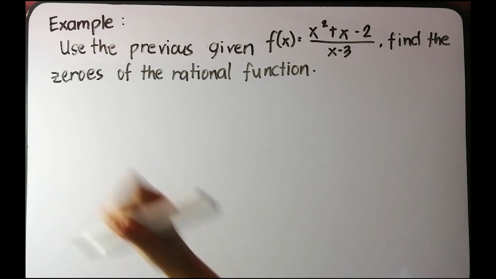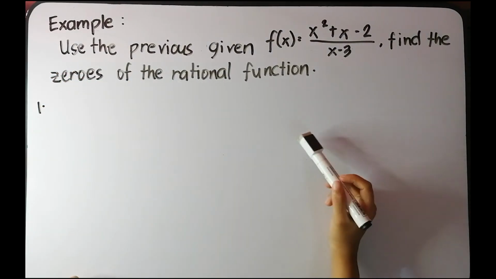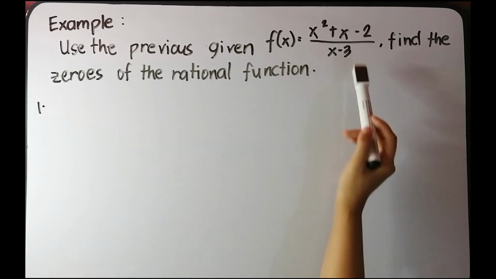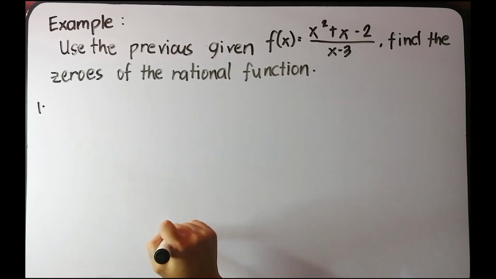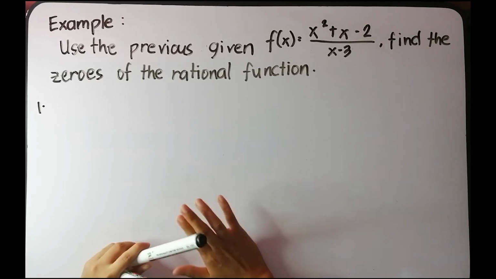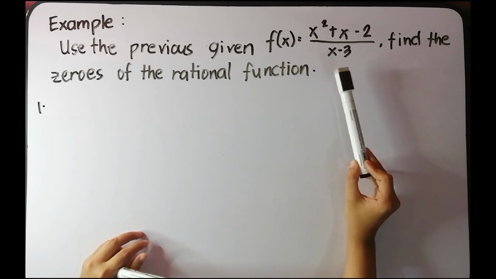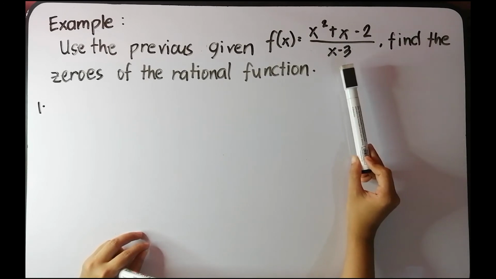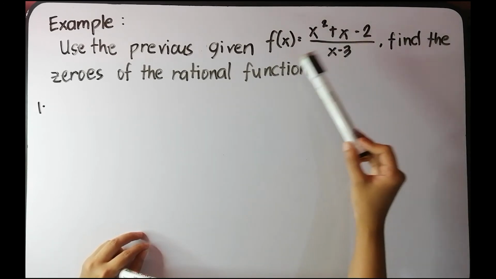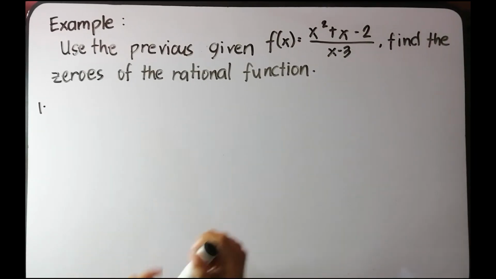We first identify what the restrictions of this function are. What is called a restriction? The restrictions are the numbers that will make your whole function undefined, meaning that your denominator is equal to 0.